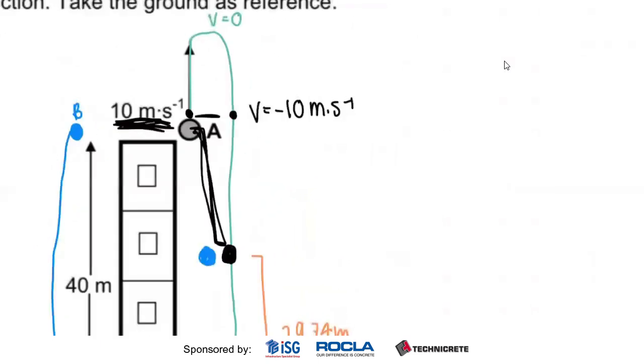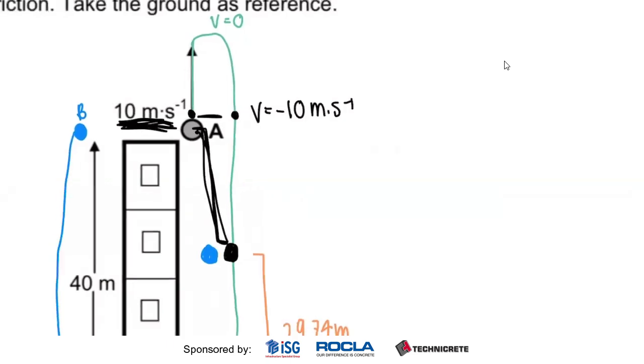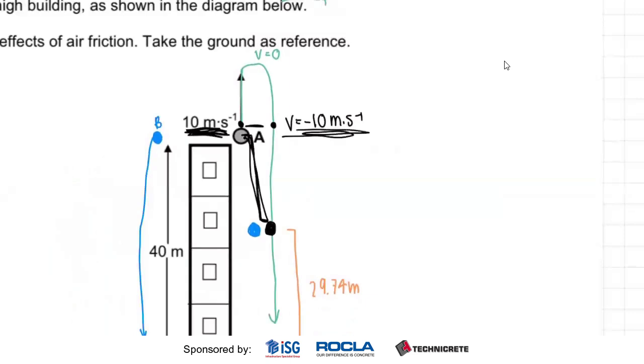Whenever something is at the same height that it used to be, nothing changed. All the ball did was go up to that highest point and then fall back down again. So the speed here is the same, and that's how far it traveled, 10.26 meters.